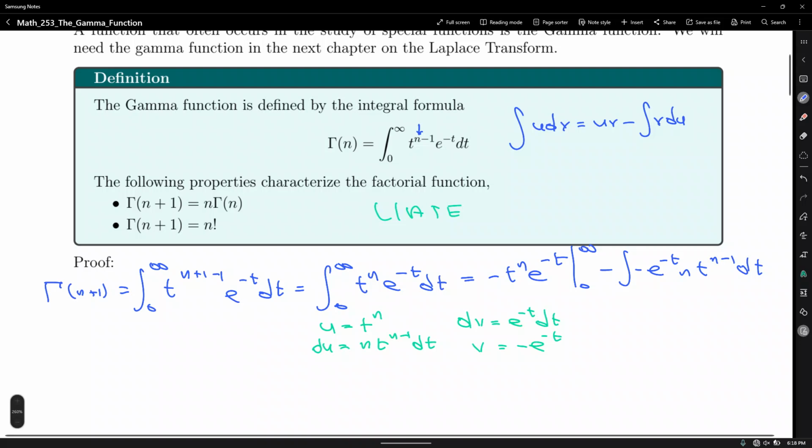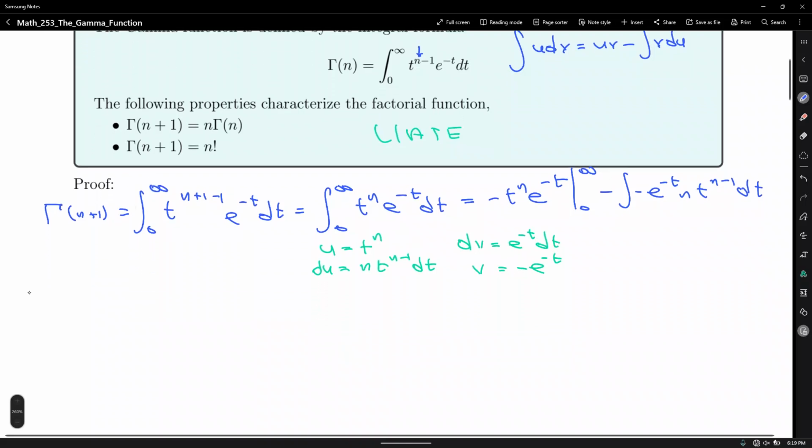Let's simplify things a little bit first. The first term remains negative t to the n over e to the t from 0 to infinity. Minus, that's a plus. I'm going to take the constant n outside of the integral from 0 to infinity of t to the n minus 1 e to the negative t dt.